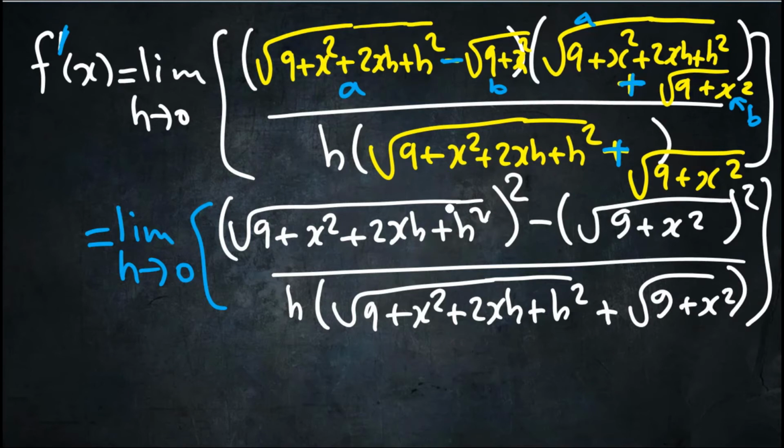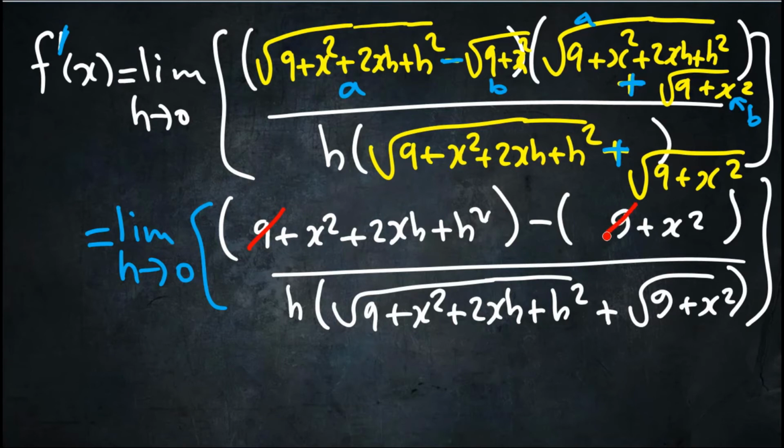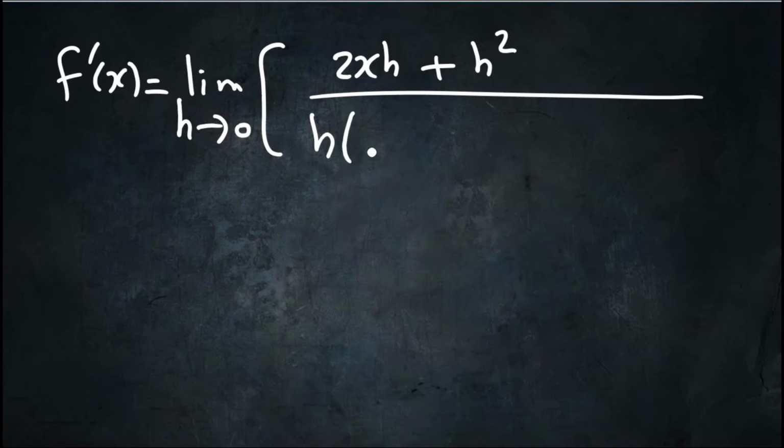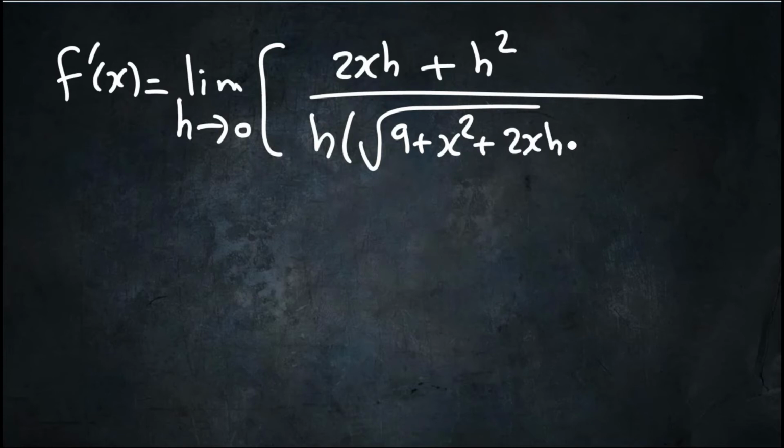The square cancels the root. We have 9 minus 9, 0, x squared minus x squared, 0, 2xh plus h squared over h times the root of 9 plus x squared plus 2xh plus h squared plus the root of 9 plus x squared.